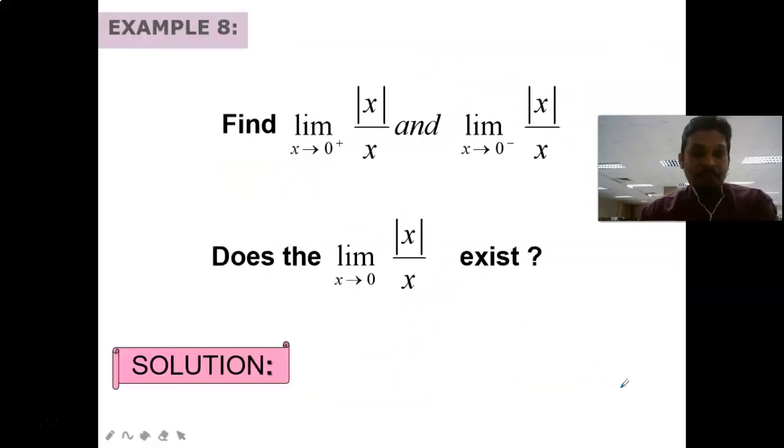Finally, for these two, does the limit exist? For the absolute value of x, we get x and also negative x: x for x greater than 0, and negative x for x less than 0.